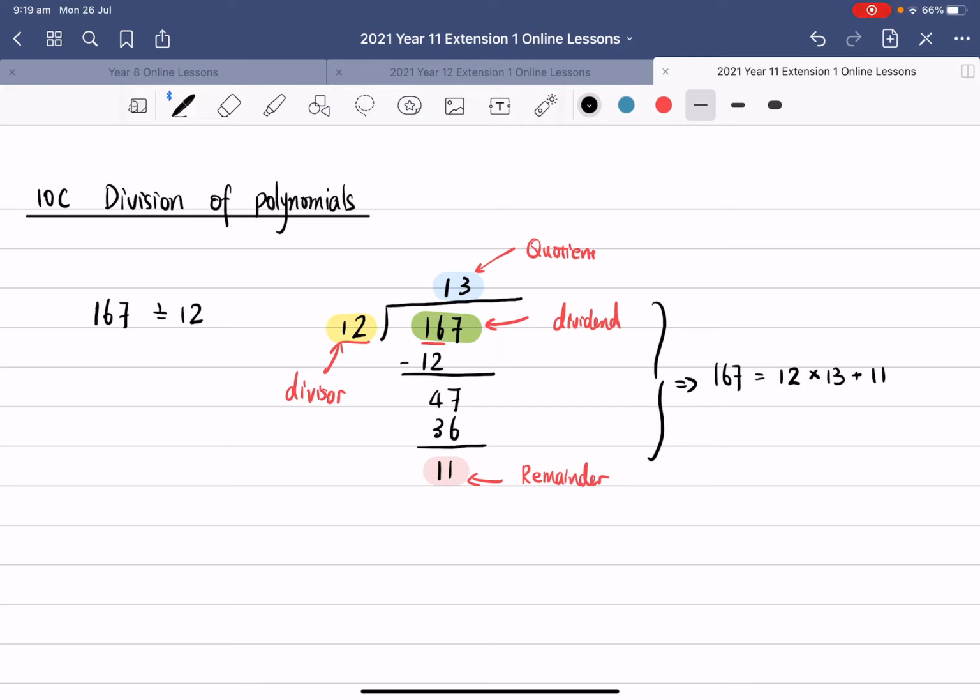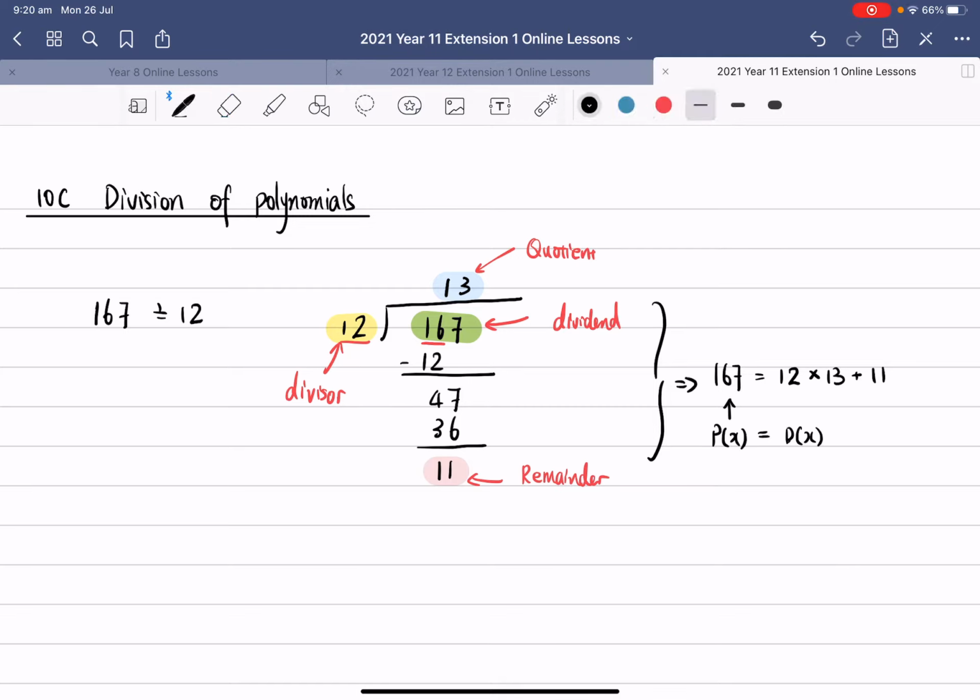The 167, we usually use P(x) to represent that expression when it comes to polynomials. Number 12 is the divisor, so we can use D(x), or some people use A(x), it doesn't matter.